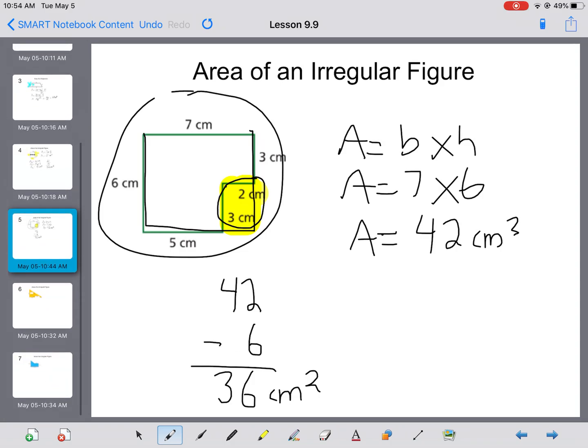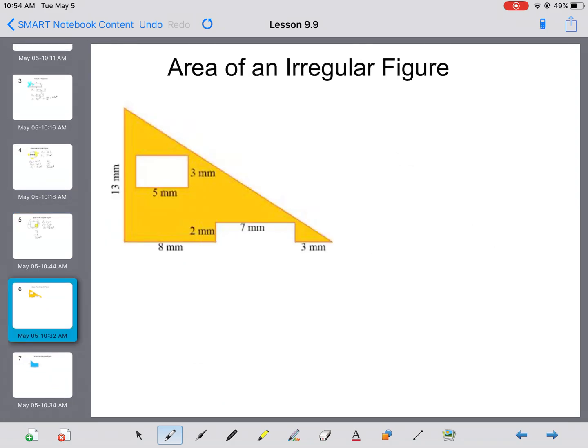Now let's apply that thinking to a problem like this. Here we have a very unique shape. What we want to find is the area of just the orange section. Now, obviously we have no formula for a shape like that. It's just a very irregular polygon. But I've noticed a few things. The first thing I notice is that overall, my shape is a triangle. That's going to be helpful.